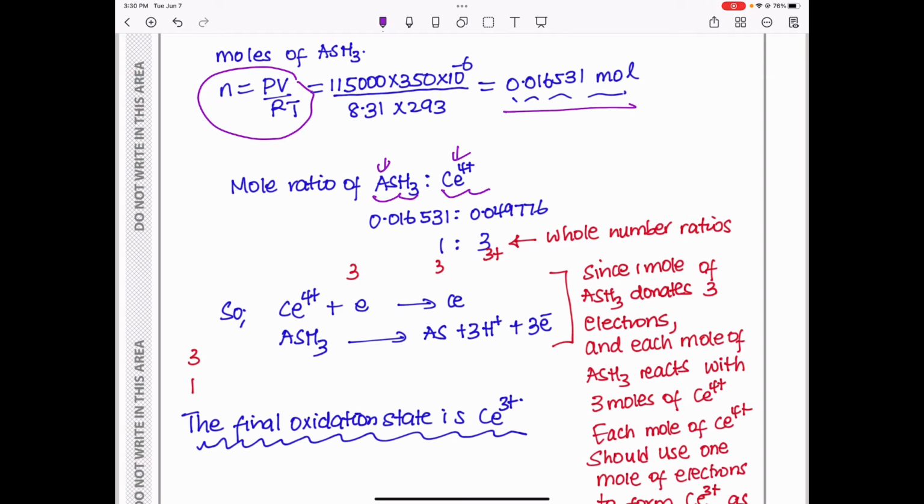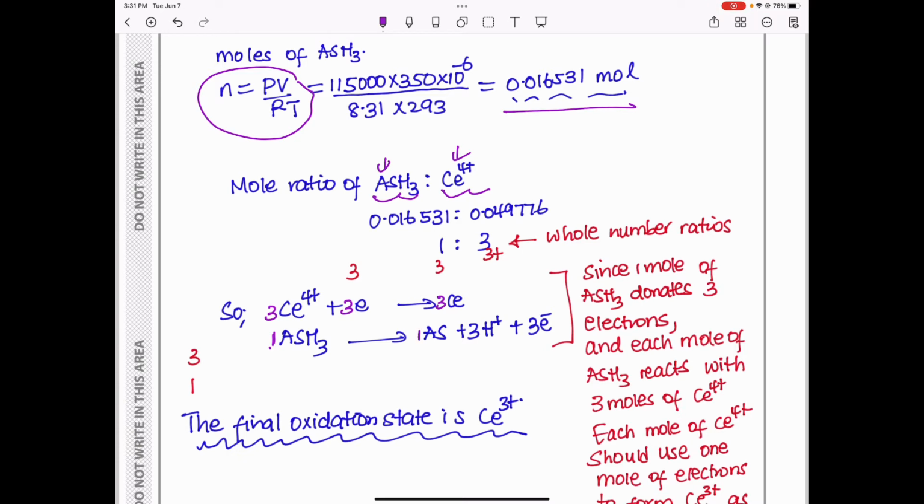So if the ratio has told us they're going to be 3 of these and 1 of these, it means there are going to be 3 electrons gained by each to produce the other side. We're going to see 3 of them on the other side as well. And here, if it's 1, that is going to be 1 as well.